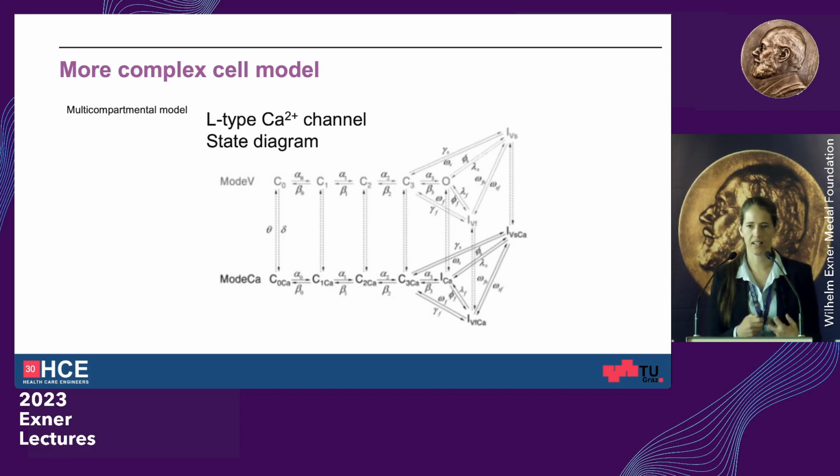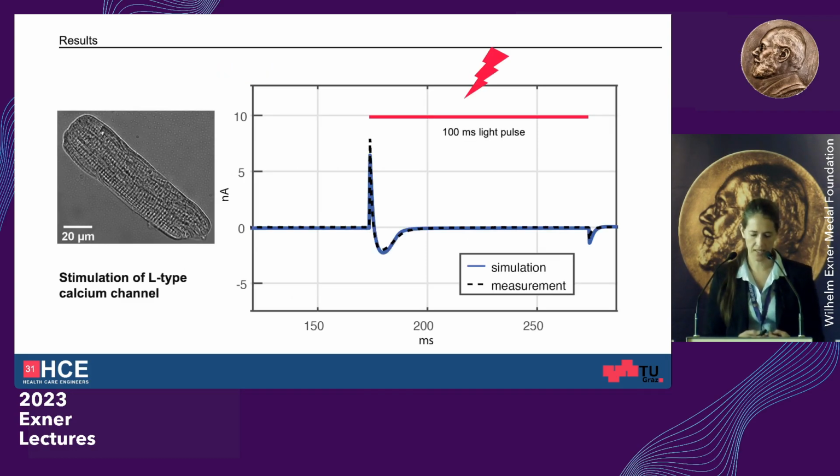Inside the cell, these channels are co-located with calcium channels, so the current through this ion channel can be regulated by voltage and by calcium concentration. If we look at the results, in response to a 100 millisecond light pulse, we can see that our simulation fits nicely to what we could measure.